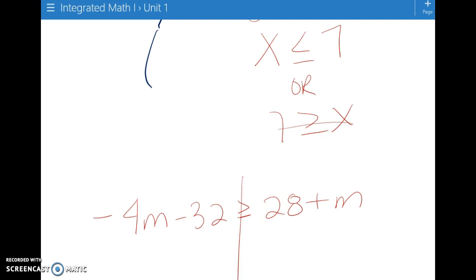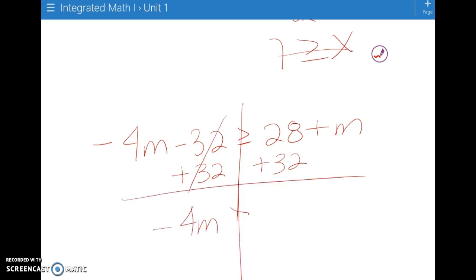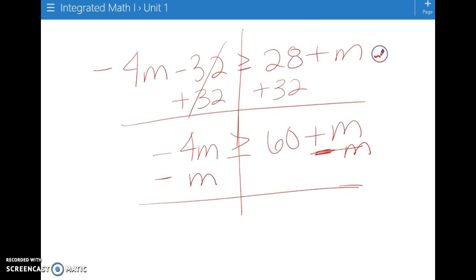Just like an equation, I need to move some things around by doing the opposite. This cancels, and I get negative 4m is greater than or equal to 60 plus m. I'm going to subtract m on both sides, and I get negative 5m is greater than or equal to 60.